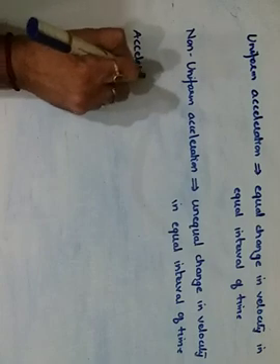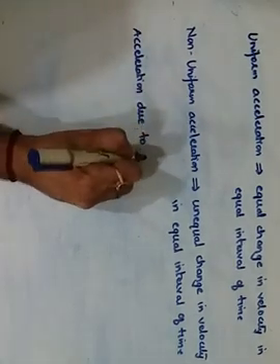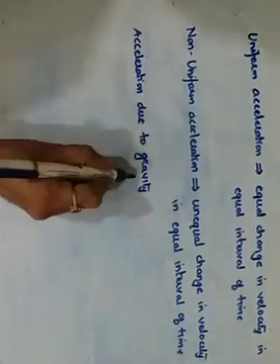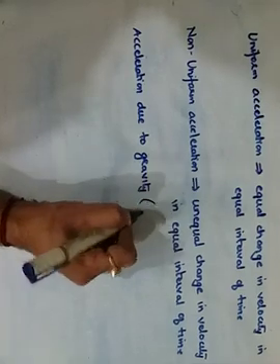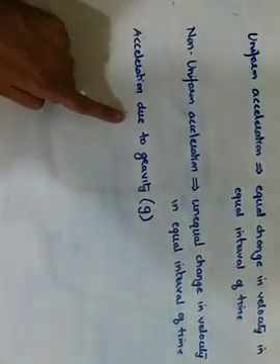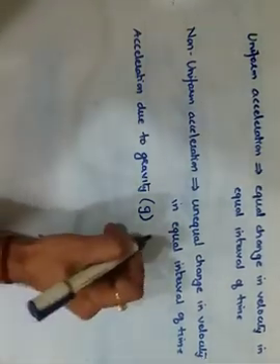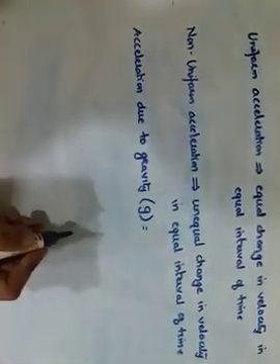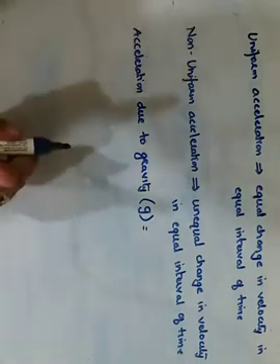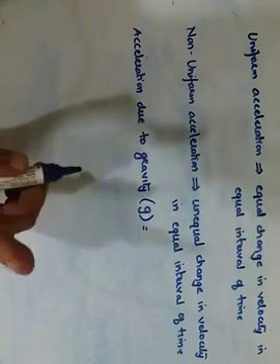Acceleration due to gravity is denoted by a small letter g. Now how do we define this acceleration due to gravity? Just now I said it is for an object moving vertically upward or downward. Can I call it a freely falling body? Yes, I can call it.